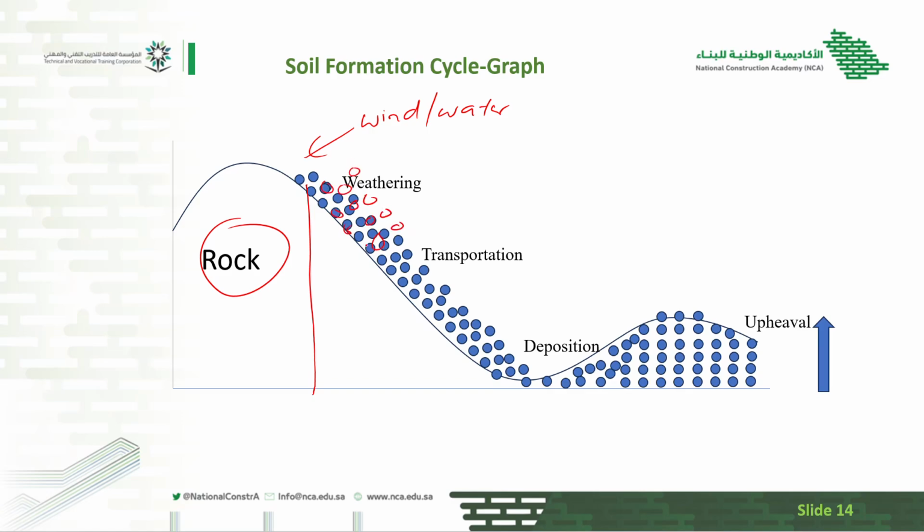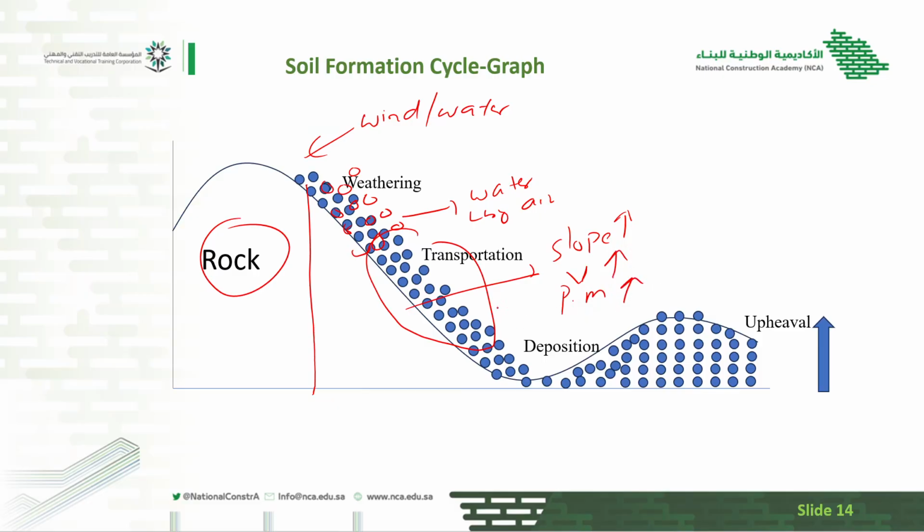Now these small particles are transported by means of water or air. This is the transportation force. When it is transported here, you can see the slope is very high. A high slope means the velocity or speed is high, so the particles can move very speedily.